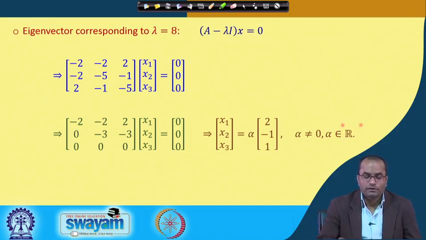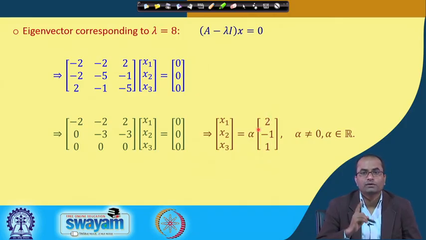So, we have alpha not equal to 0, and alpha belongs to the real numbers. We can take any real number here. For any alpha not equal to 0, these are the eigenvectors, and basically the dimension of this eigenspace is 1, or in other words we got only one linearly independent eigenvector, which we can take, for instance, as (2, minus 1, 1). That is the only one eigenvector which is linearly independent.